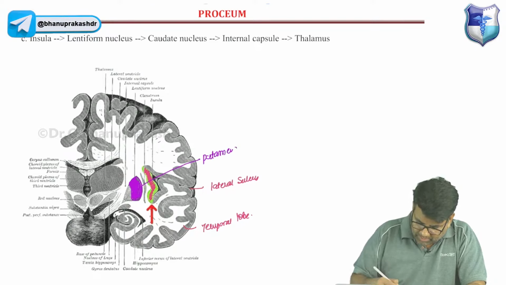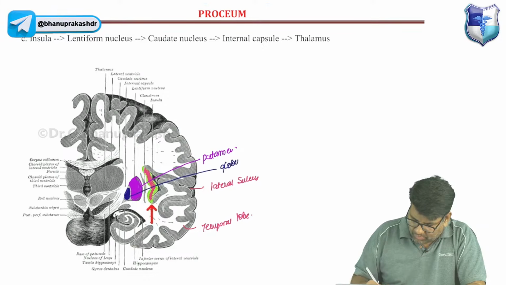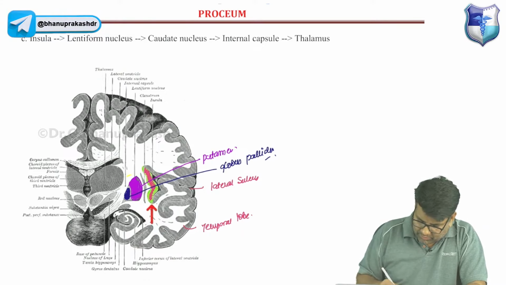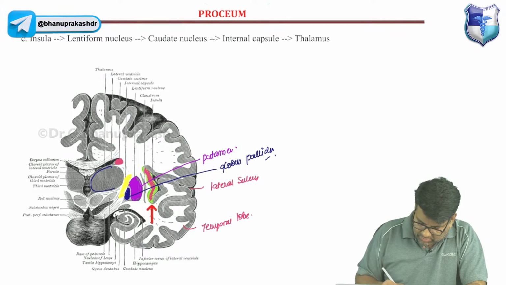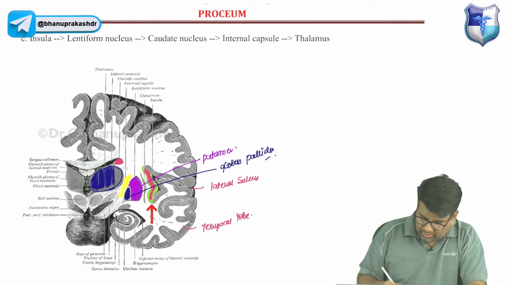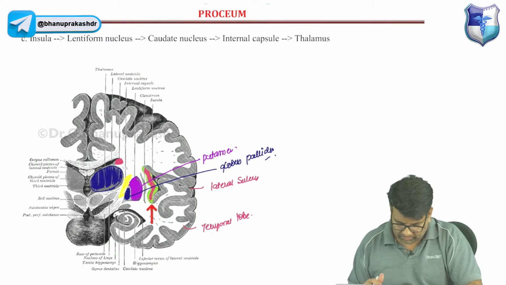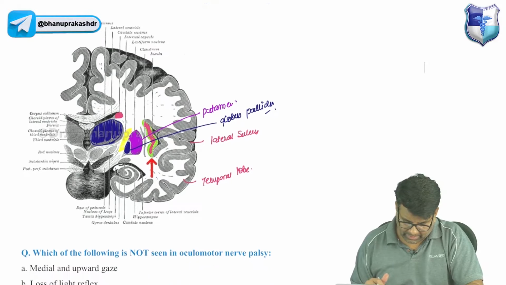Deep to the putamen are the globus pallidus, externa and interna. Then we have the internal capsule. Then we have the caudate nuclei. This is how it looks if we look in a coronal section.